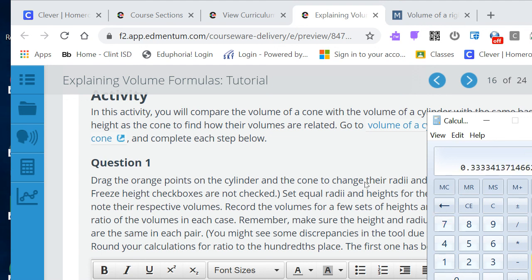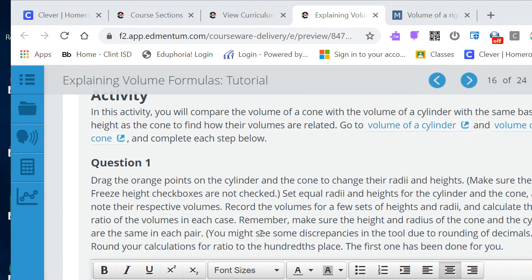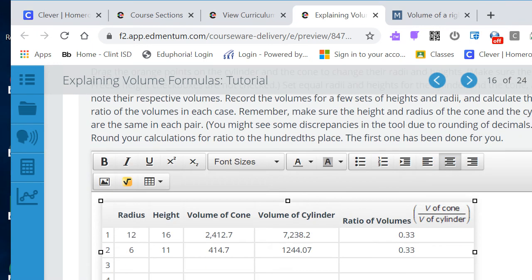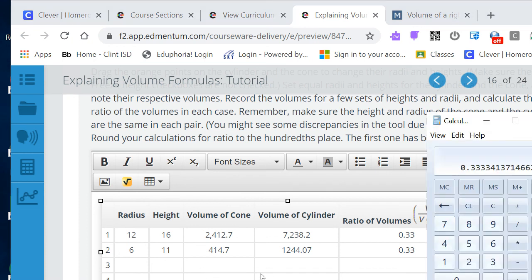Press enter, and I get 0.33. Okay, now we don't have our fancy calculators to turn decimals into fractions, so I'm just going to go ahead and give you guys a fraction. The fraction that it approximates to is going to be 1/3.